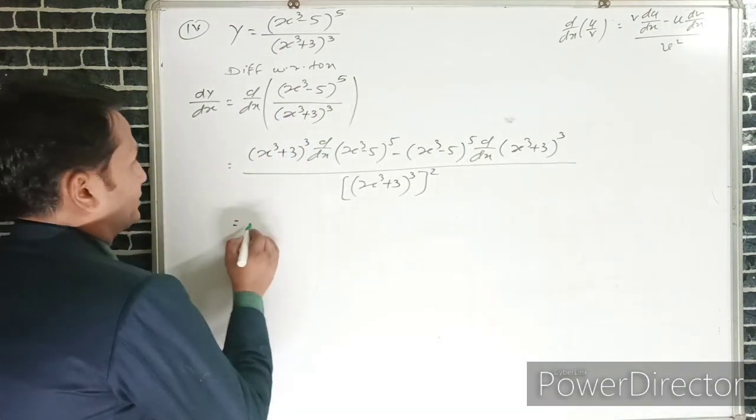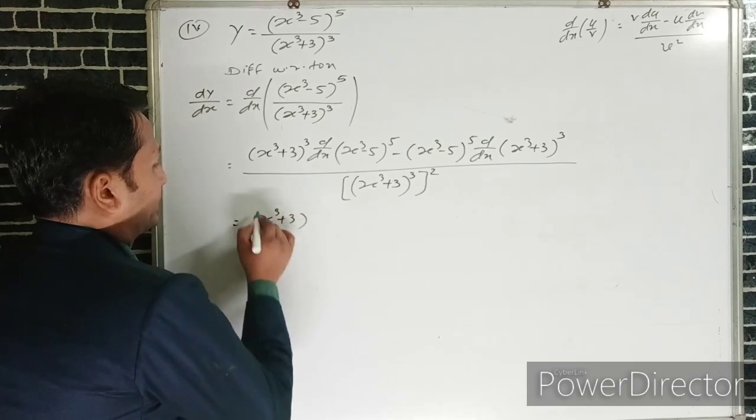Now we can write it x cube plus 3 whole bracket cube.